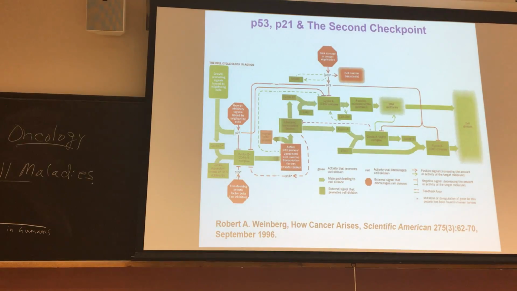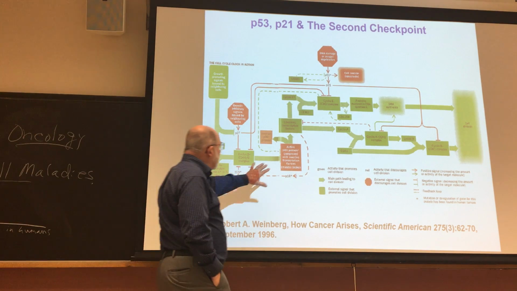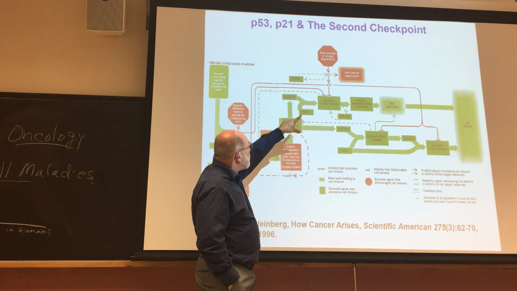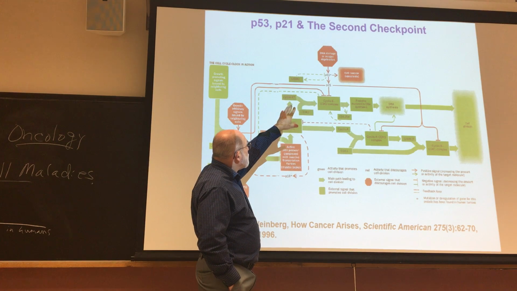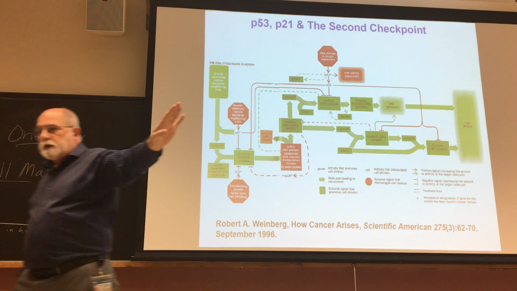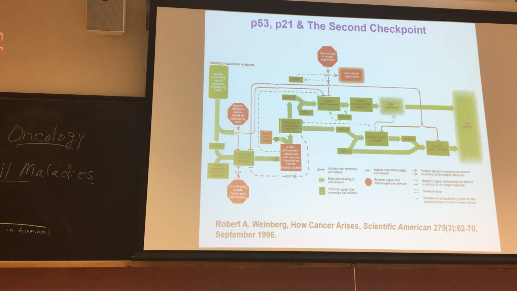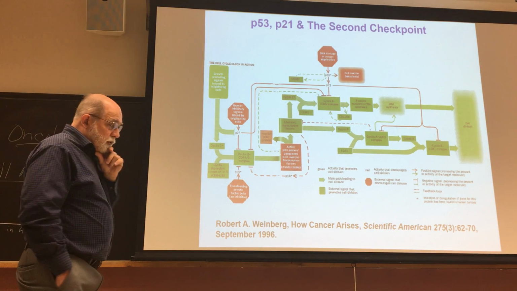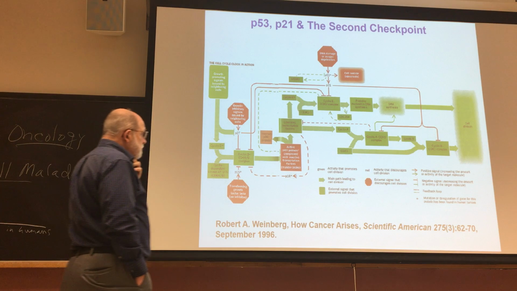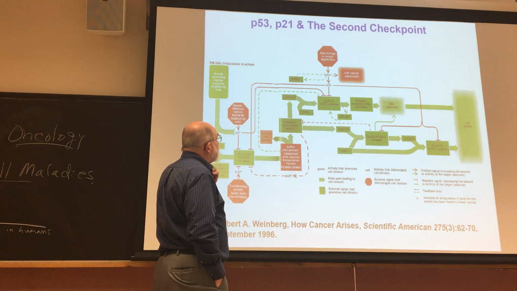P53 is at the second checkpoint, so what you've got here is PRB down here in this corner. P53 and P21 are essentially the decision points for whether or not the cell should be routed toward apoptosis. Is there so much damage that's occurred that it has to be destroyed and removed, or can we repair it and have the cell continue on toward cell division?